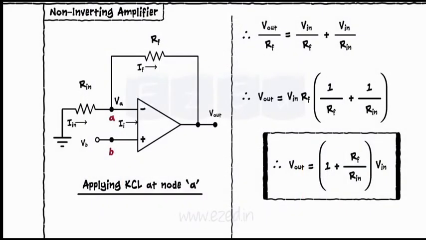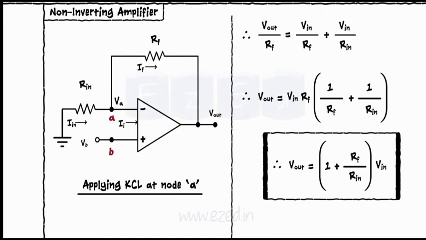Next, let us take up the types of operational amplifier. First one is non-inverting amplifier. Non-inverting amplifier is an amplifier with positive voltage gain. The op-amp present here has two input terminals.